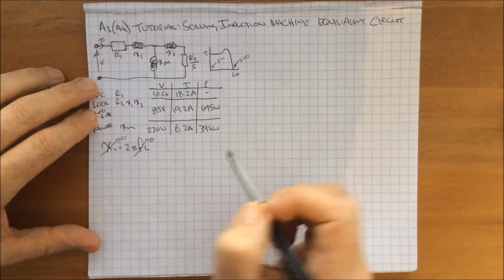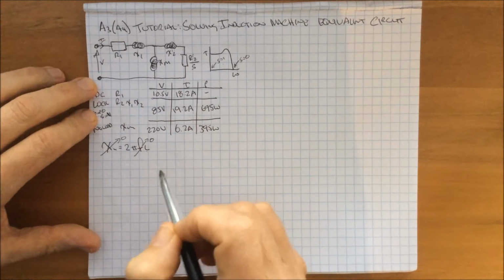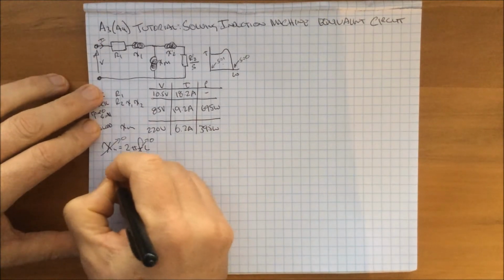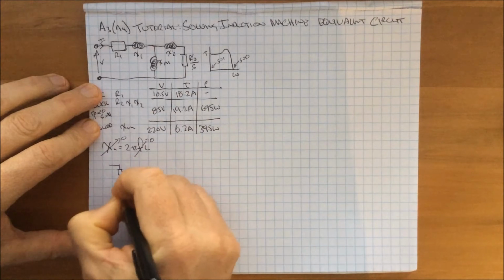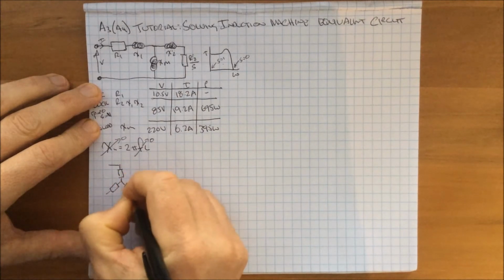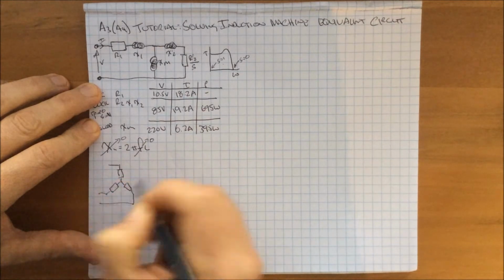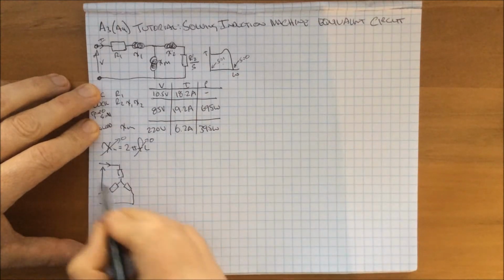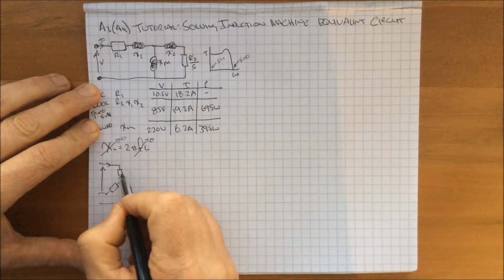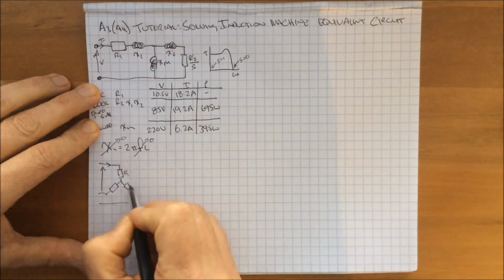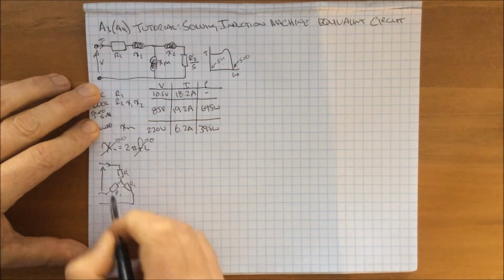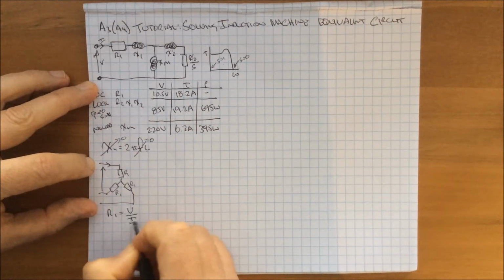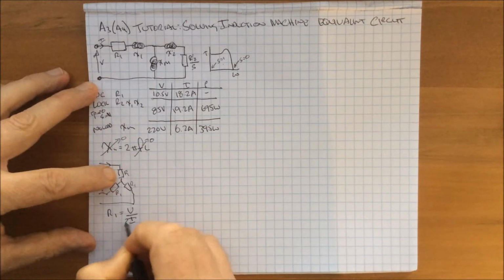So we need to understand whether this machine is connected in delta or star, because then we can solve for R1. So if it's connected in star, we are effectively measuring there, in which case the impedance that we're going to be getting, bearing in mind that this now becomes R1 for the 3 phases, R1 is going to be that voltage divided by that current divided by 2, because there's 2 of them there.